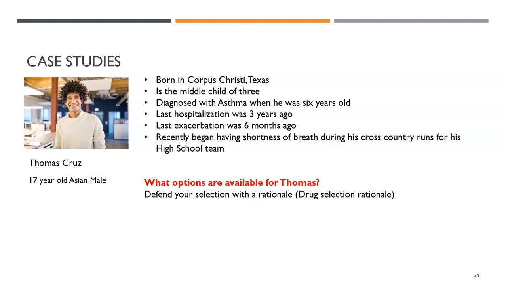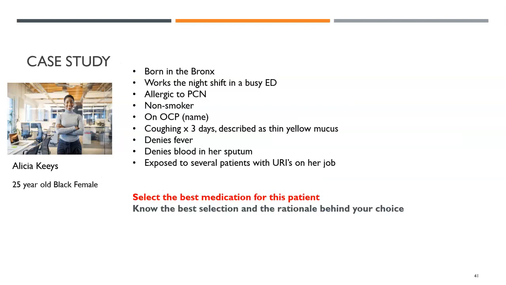All right, let's go on to the next case study. We have Miss Alicia Keys. She's a 25-year-old black female born in the Bronx. She works the night shift in a busy emergency department. She's allergic to penicillin. She does not smoke. She's on oral contraceptives, pills, but she couldn't tell you what name. She's been coughing for 3 days and she's got a thin yellow mucus.